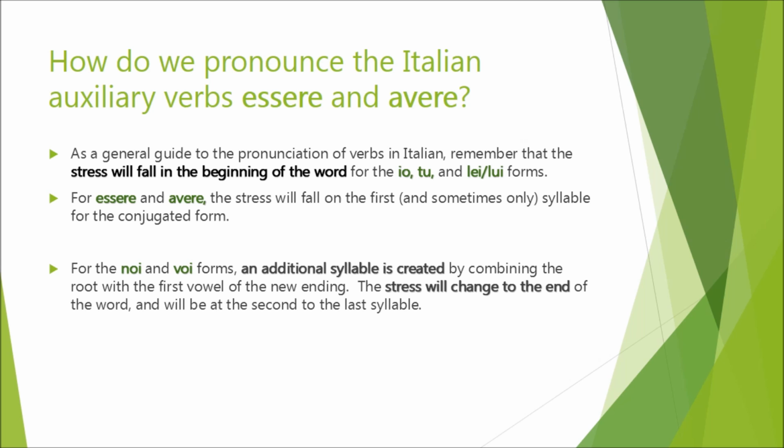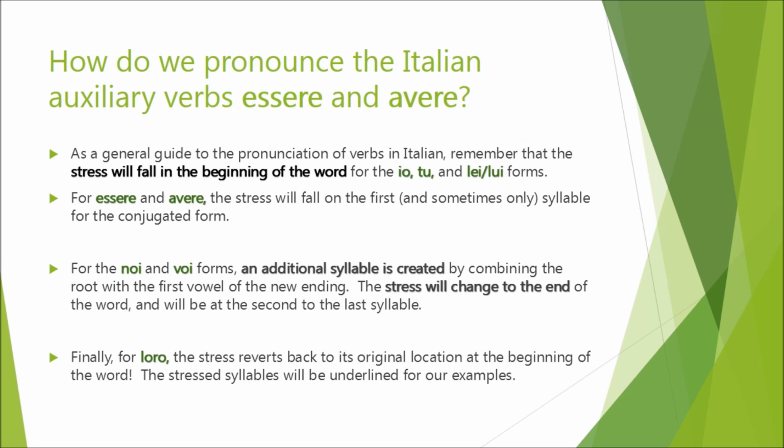For the noi and voi forms, an additional syllable is created by combining the root with the first vowel of the new ending. The stress will change to the end of the word and will be at the second to the last syllable. Finally, for loro, the stress reverts back to its original location at the beginning of the word. The stressed syllables will be underlined for our examples.